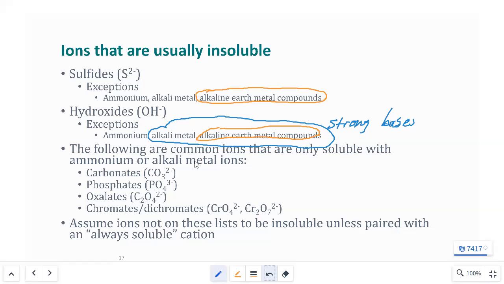And that always soluble list is the primary rule. It is not contradicted. If it has an ion on that list, it's going to dissolve. It doesn't matter what the other ion is. So there you have your solubility rules.